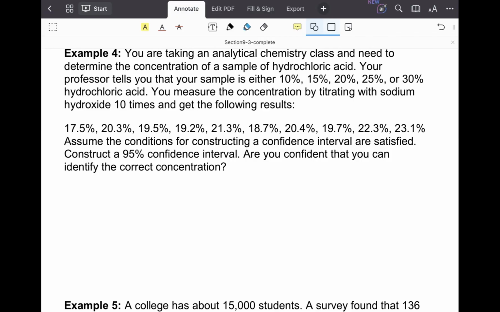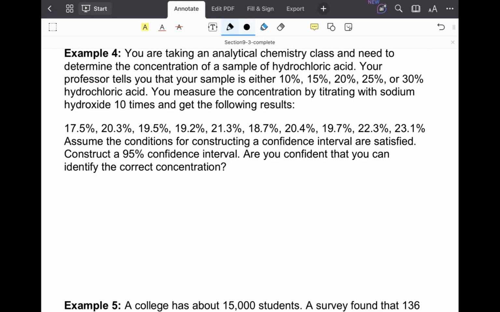You measure the concentration by titrating with sodium hydroxide 10 times and you get the following results. It says assume the conditions for constructing a confidence interval are satisfied, and we're going to construct a 95% confidence interval. And then they're asking us an additional question: are you confident that you can identify the correct concentration?